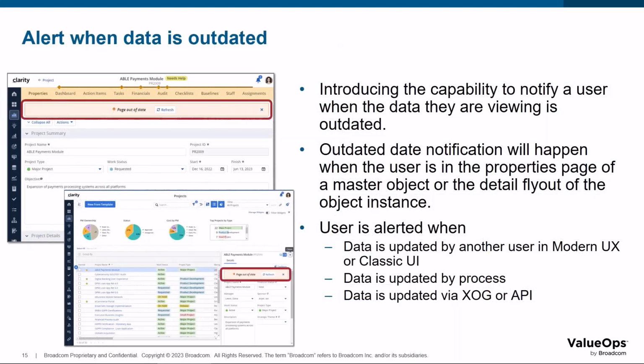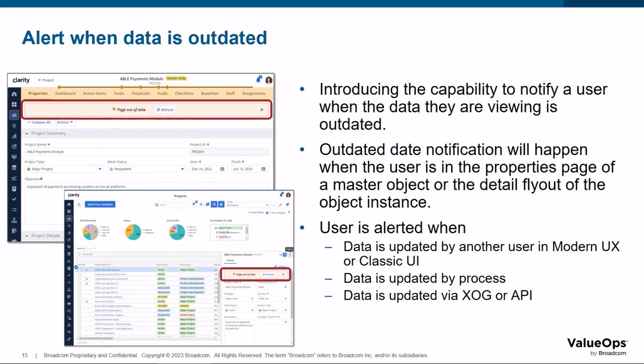And finally, the last enhancement that we'll be covering in this topic is the ability to alert a user when a change is made by another user within the same object instance. This is the first iteration of this functionality.